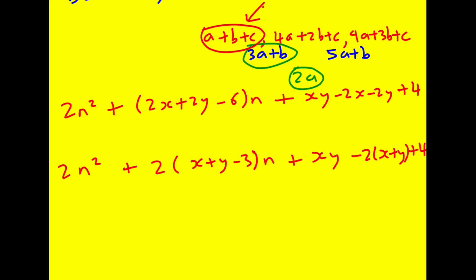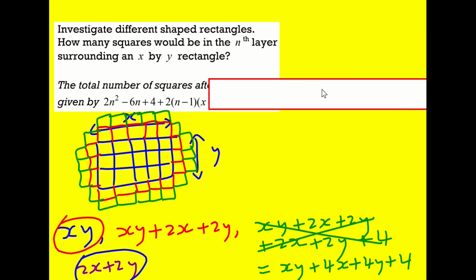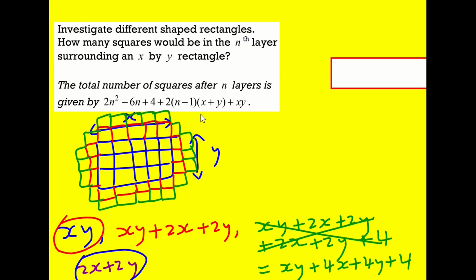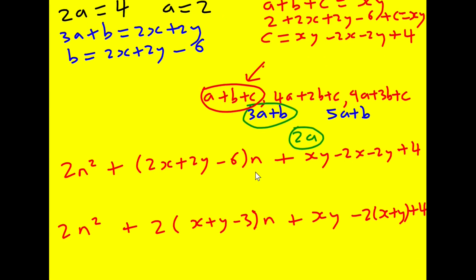In my answer here, I wrote all the terms out that didn't involve x and y, the first 3 terms, and then I wrote the other ones like this. So that's another way of writing it.